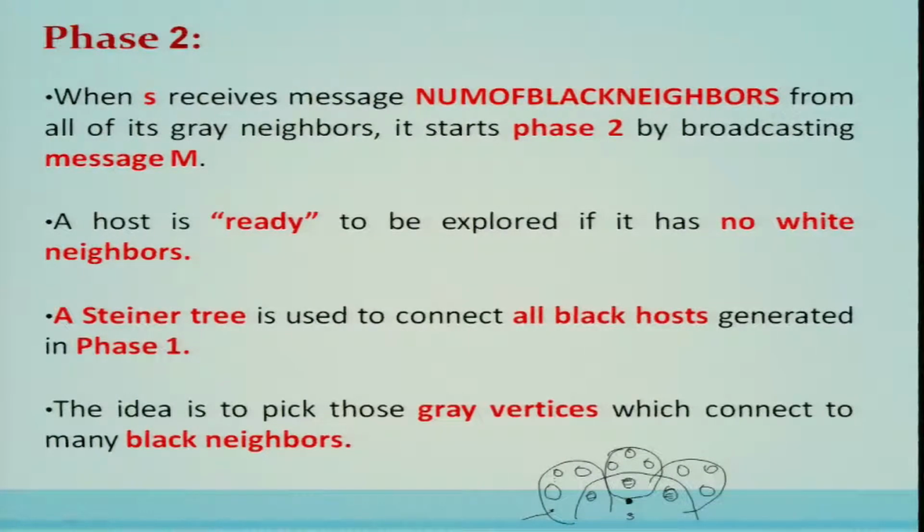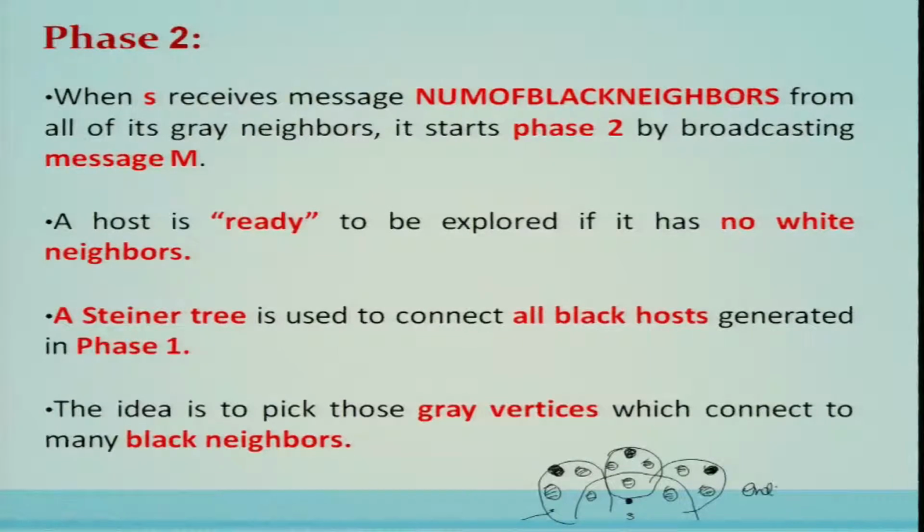Among these white nodes, the one having the highest effective degree will become a black node, and when they send the dominator message, they will become gray nodes also.